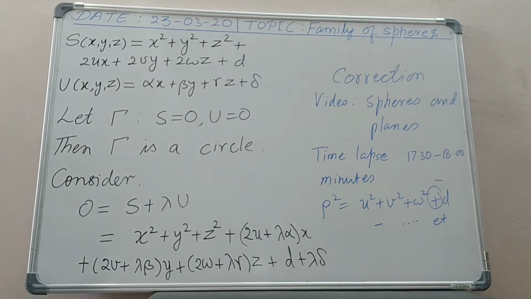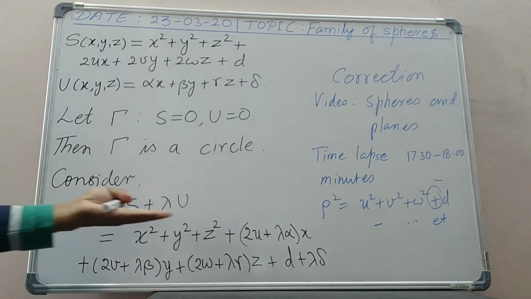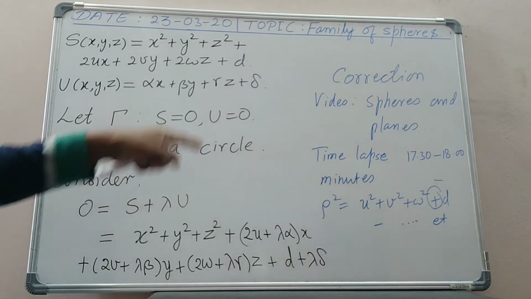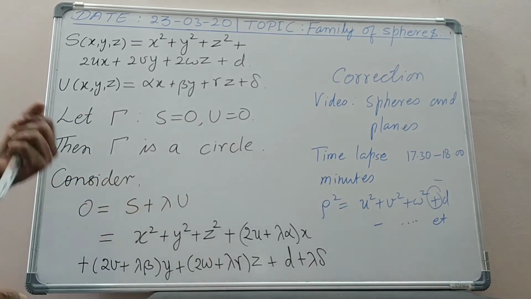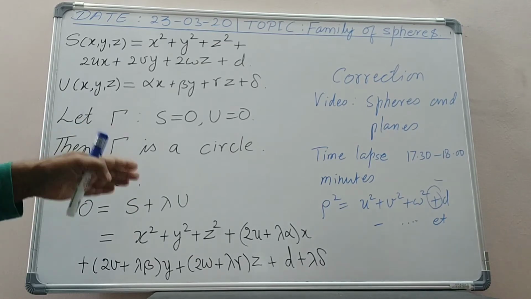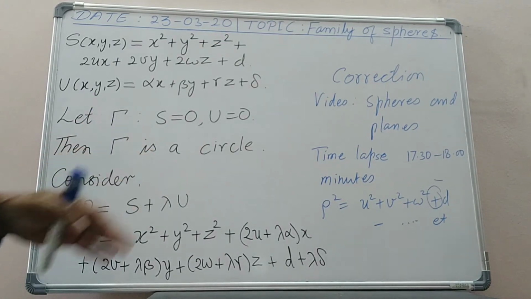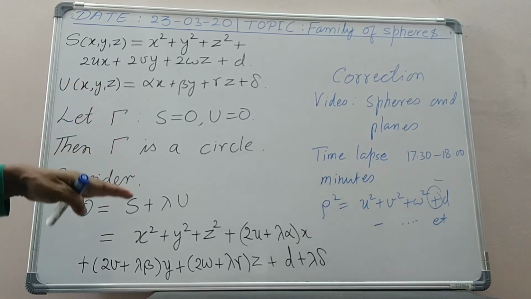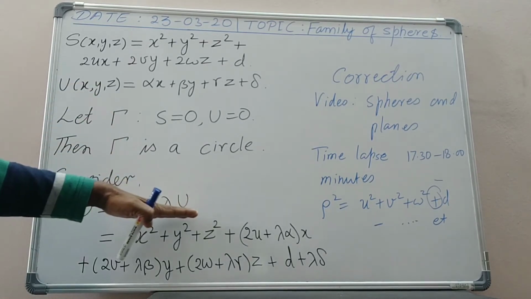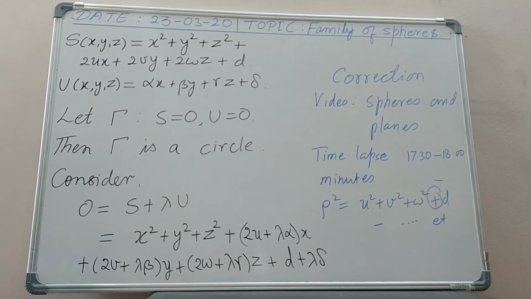All right. So what I wish to do is look at this particular equation. S is 0, U is 0, so I can write down an expression like this, S plus lambda U, which will turn out to be 0. Lambda is a parameter. It takes many values, infinitely many values. So what is one looking at? One is looking at a family of equations of this kind.